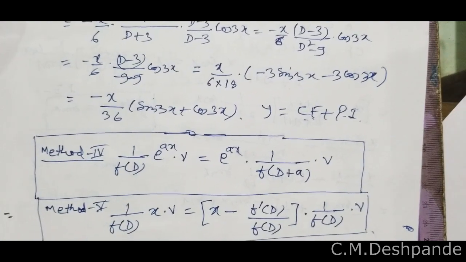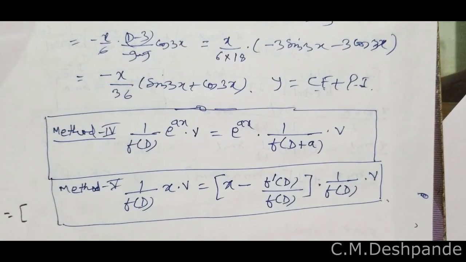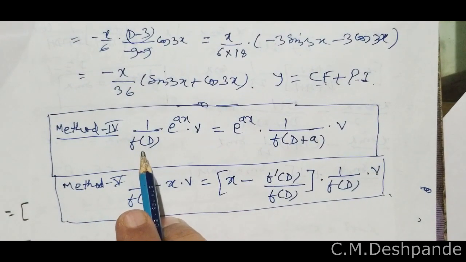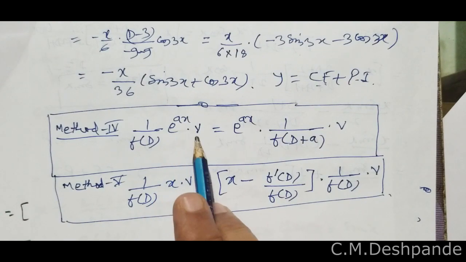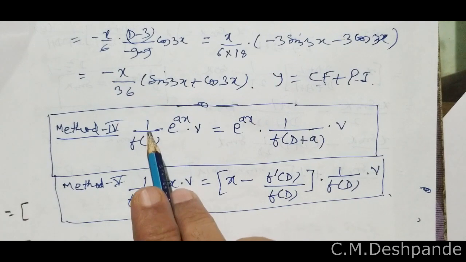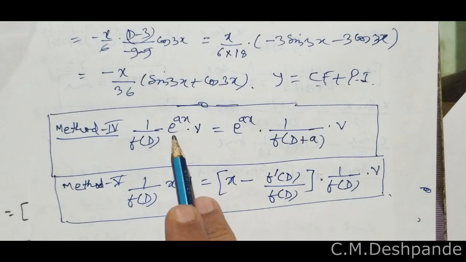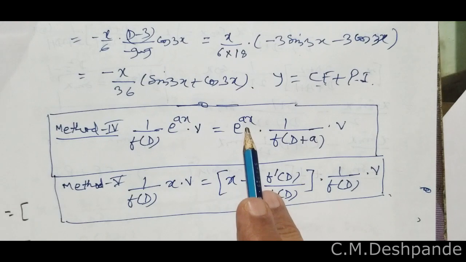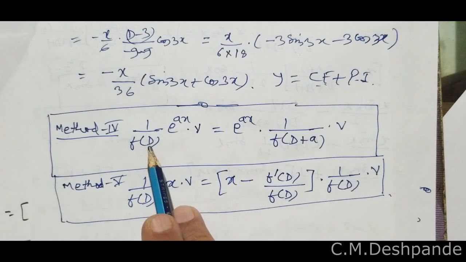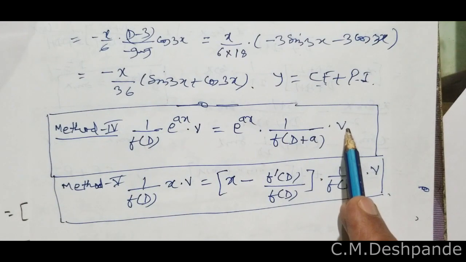Now to find PI, use shortcut methods 4 and 5. Shortcut method 4 is 1 upon f of D operating on multiplication of two functions, e raised to ax into v. It is given by 1 upon f of D operating on e raised to ax into v equal to: take this exponential function out of the operator, e raised to ax, and replace all D by D plus a and operate 1 upon f of D plus a on function v.